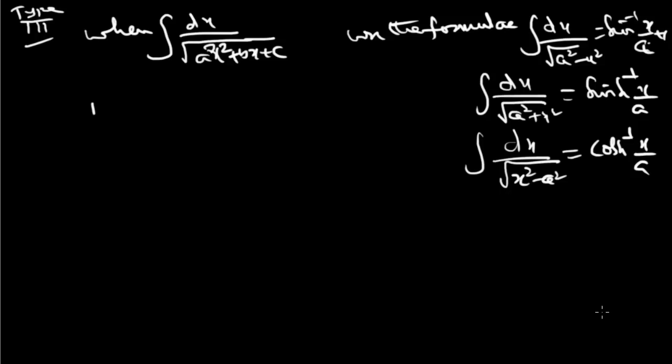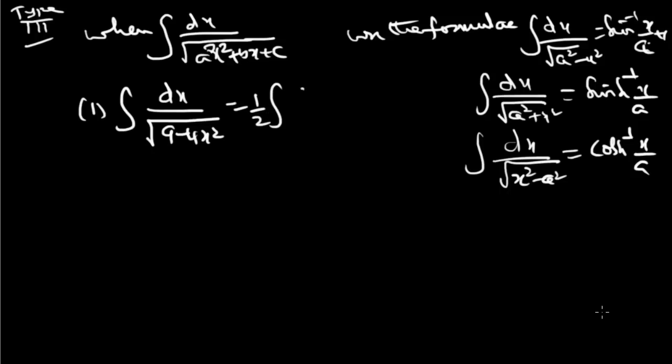Let's say first problem, integral dx by root of 9 minus 4x squared. Quotient of x squared you take as a factor, not with minus sign, with only 4. That is 1 by 2 integral dx by root of, here 9 by 4 it becomes, 9 by 4 is 3 by 2 whole squared minus x squared.